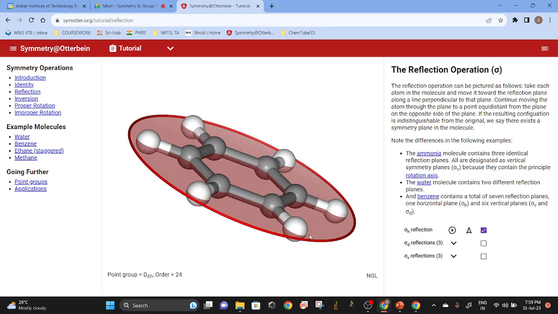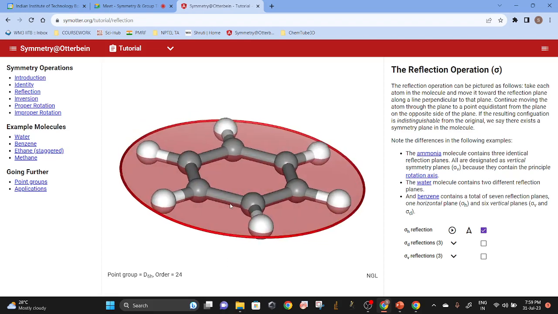Now what is the molecular plane? Molecular plane means if the molecule is planar, it can be kept on a table, it's two-dimensional, without any angled bonds up and down.